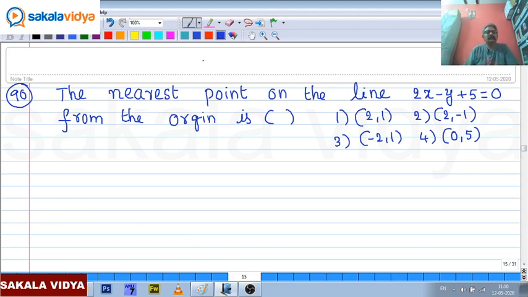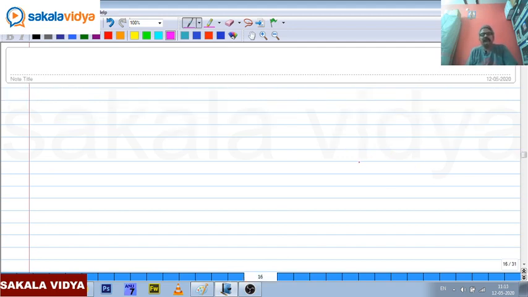So now, the nearest point on the line 2x minus y plus 5 is equal to 0 from the origin we need to find out. So that means first of all, see, this is the line. Suppose say line L is equal to 0. This is the origin 0 comma 0. The nearest point from 0 comma 0 on this line you need to find out.